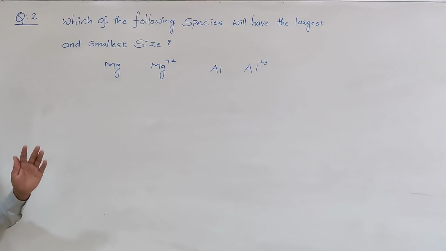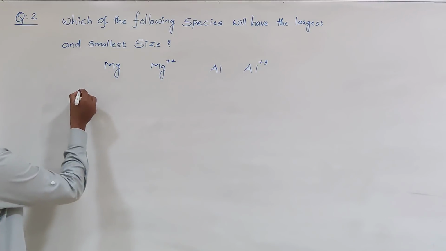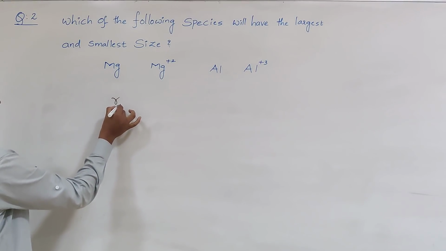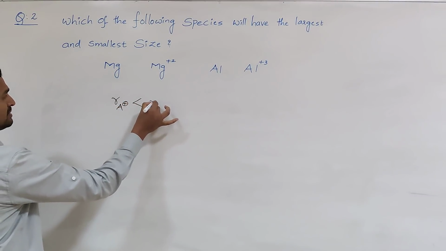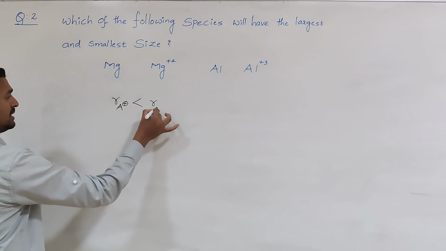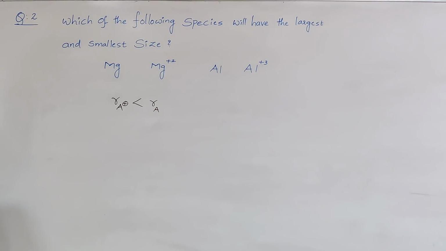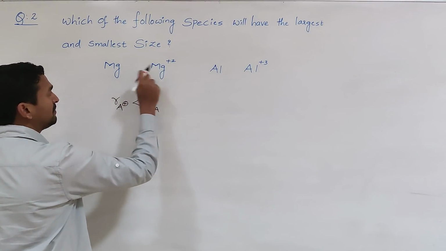There is one statement we concluded in the ionic radii: the radii of a cation is always smaller than its parent atom. That means, simply, we can apply it for these two.